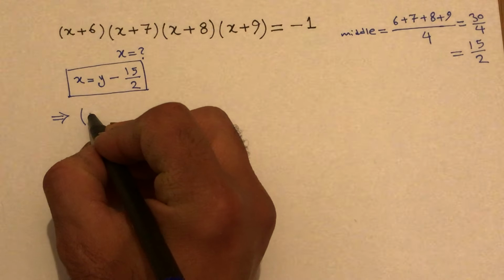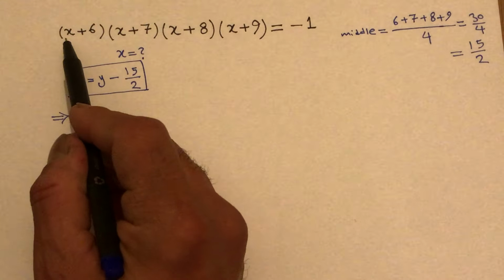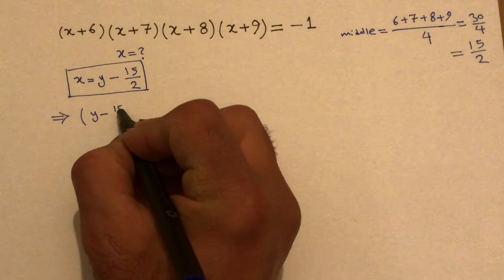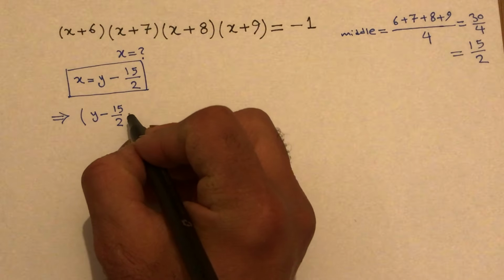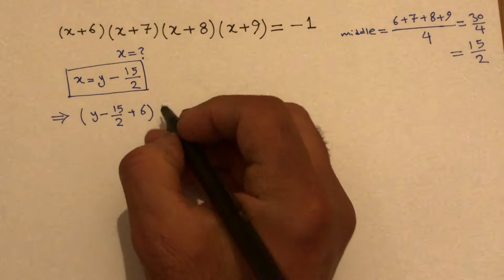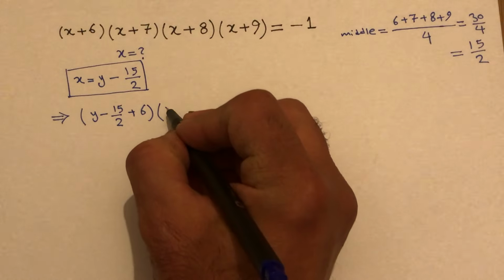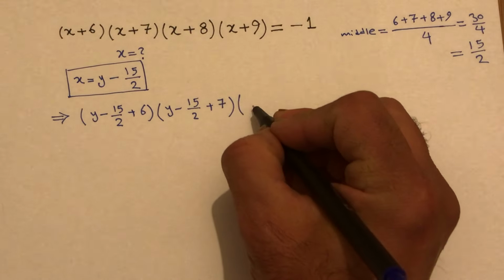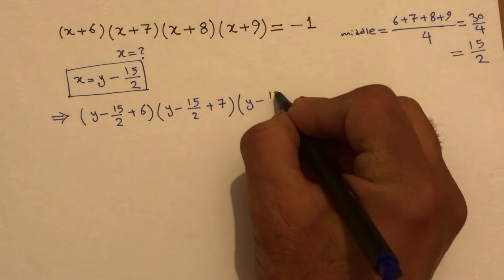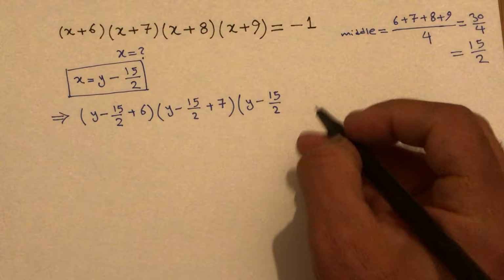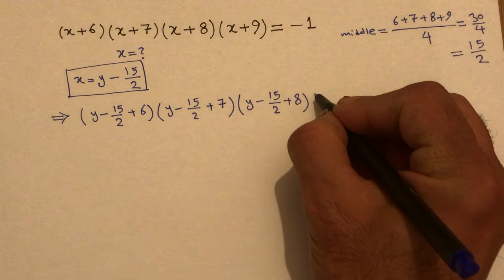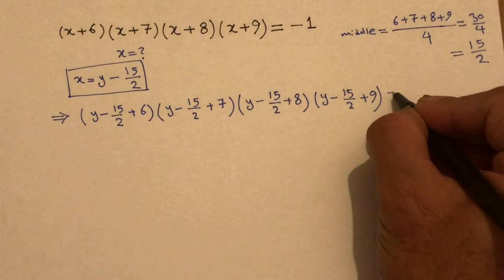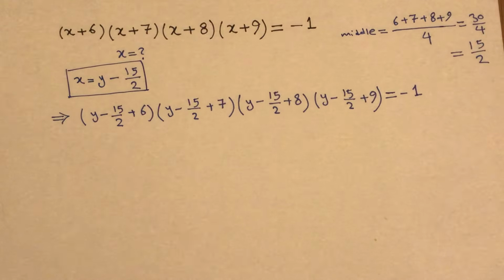The first one is y minus 15 over 2, which is the middle number, plus 6, then plus 7, and y minus 15 over 2 plus 8, and y minus 15 over 2 plus 9, and finally equals minus 1.